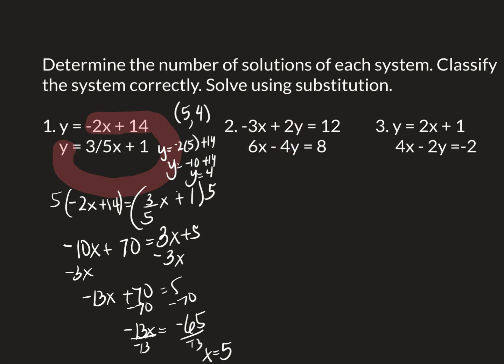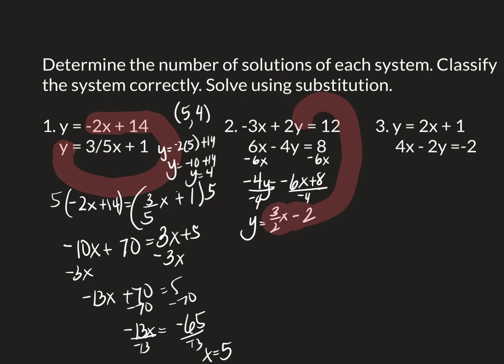I am going to subtract 6x from both sides. So negative 4y will equal negative 6x plus 8. Then I'm going to divide by negative 4. So y will equal positive 3 over 2x minus 2. Then I'm going to substitute this expression in for y.